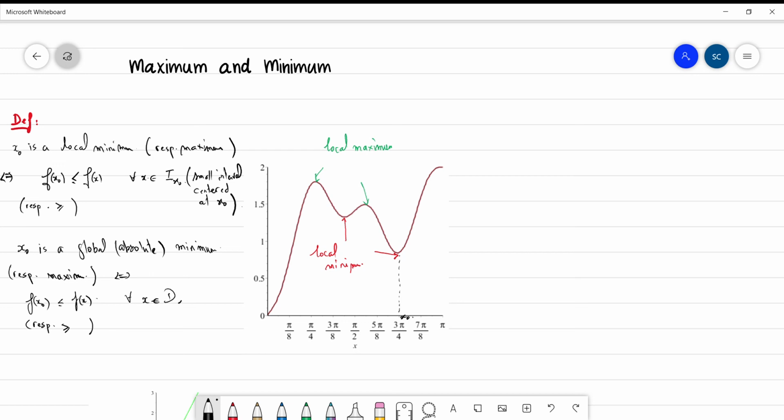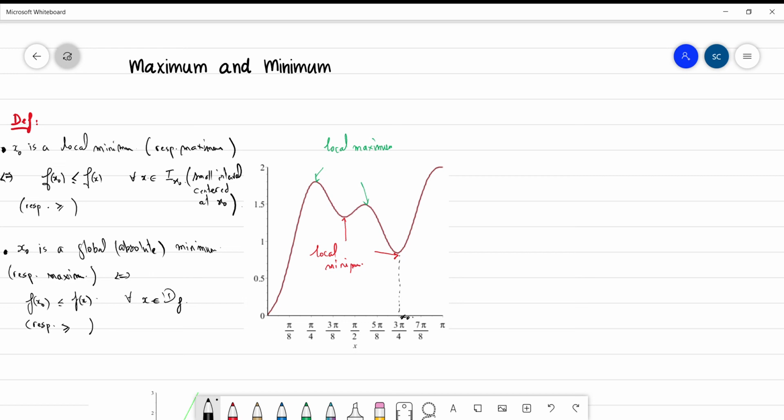Of course, you need to check the definition globally. Those are the two notions you need to know to make the distinction between the two words, local and global.